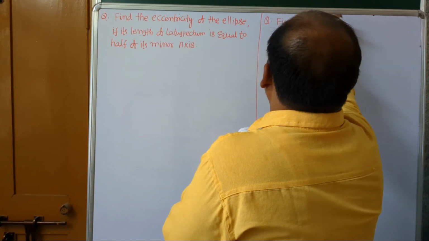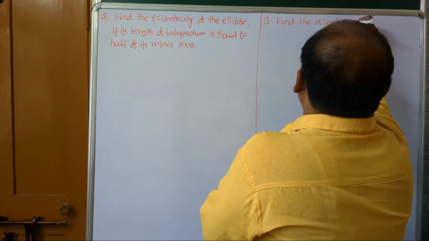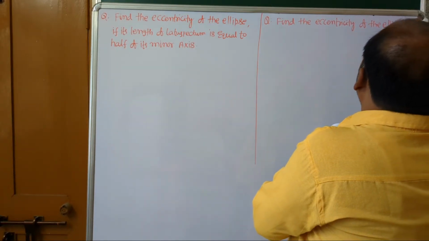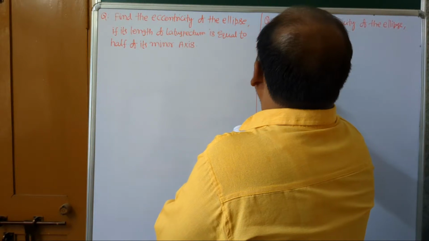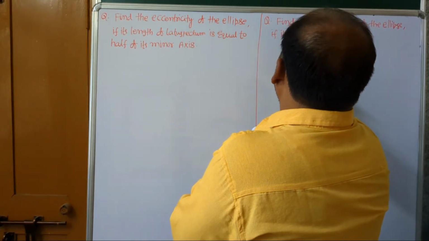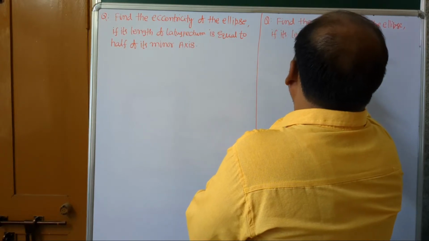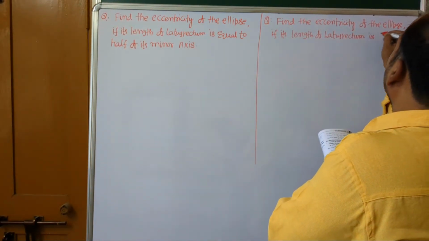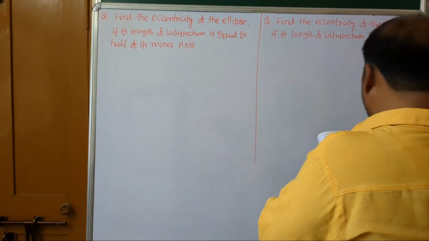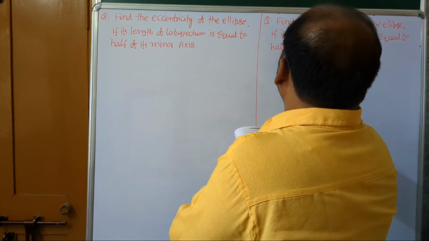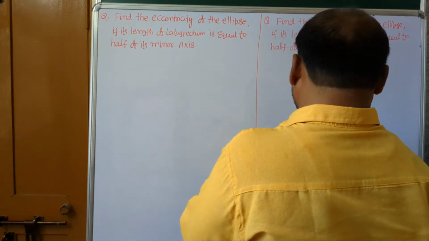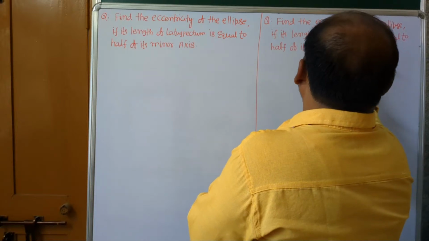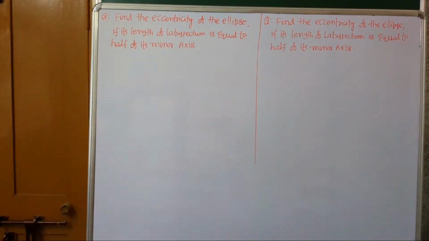Find the eccentricity of the ellipse if its length of latus rectum is equal to half of its major axis. One is the major axis, the other is the minor axis.